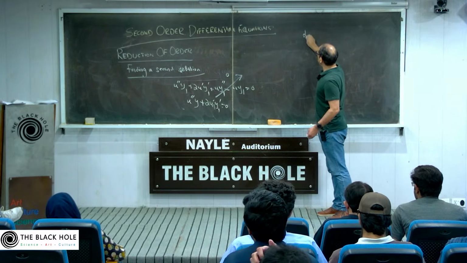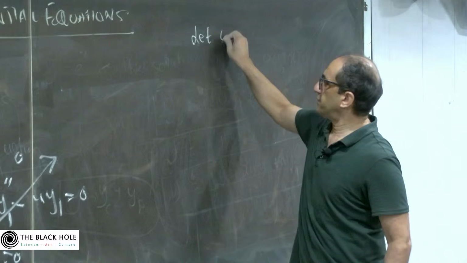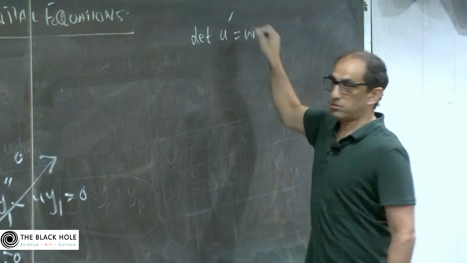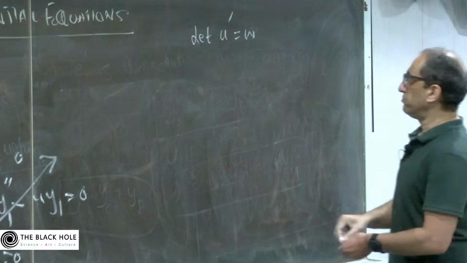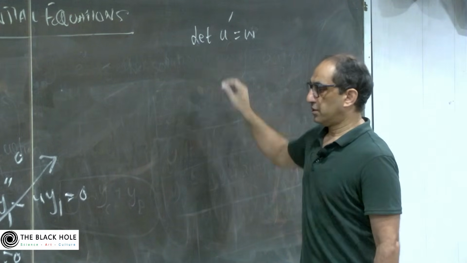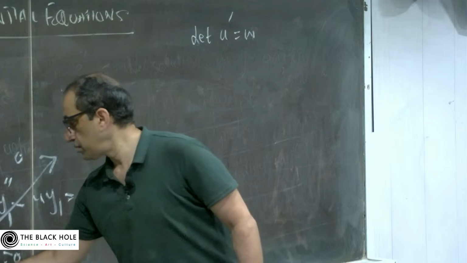Now, reduction of order means I just take u dash equal to w.